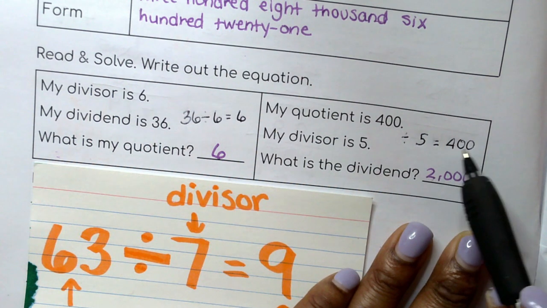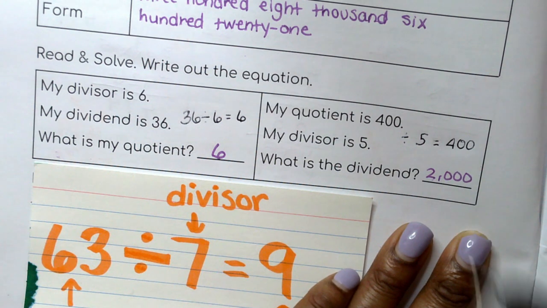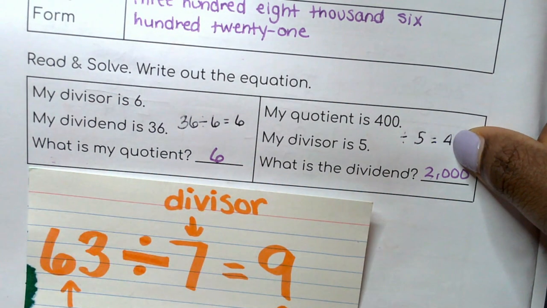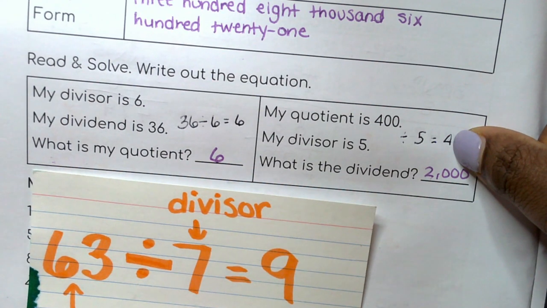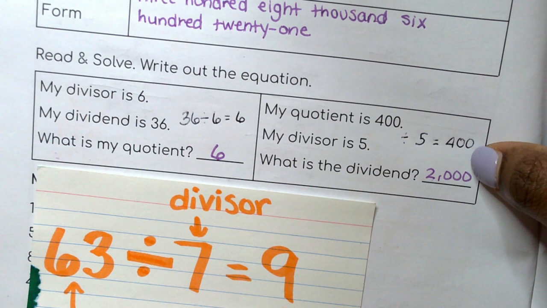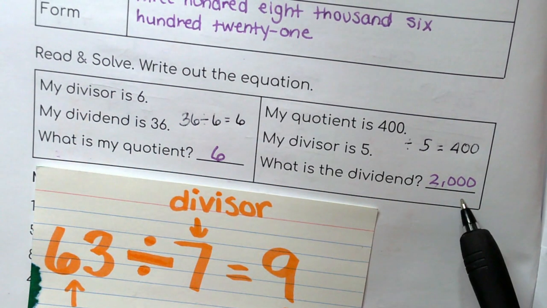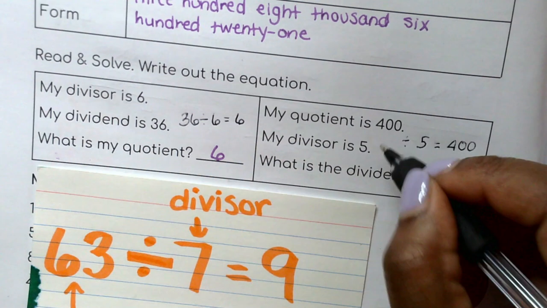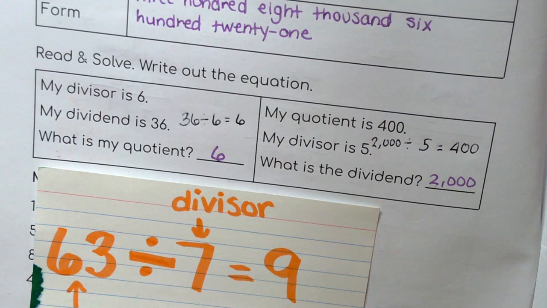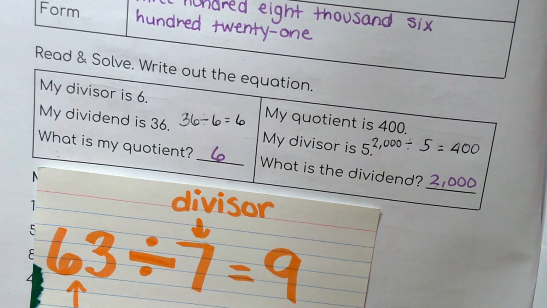Don't let these zeros give you the heebie-jeebies. Remember, it's like doing 4 times 5. So you know 4 times 5, you could count by 5: 5, 10, 15, 20, would give you 20. Now if those were hundreds, you would end up with 2,000. Good work there.